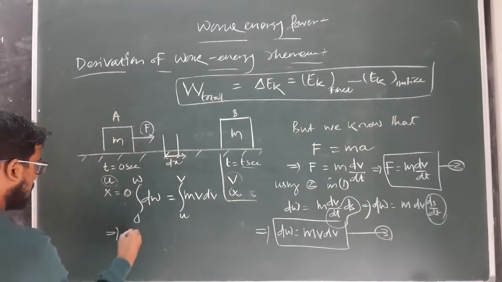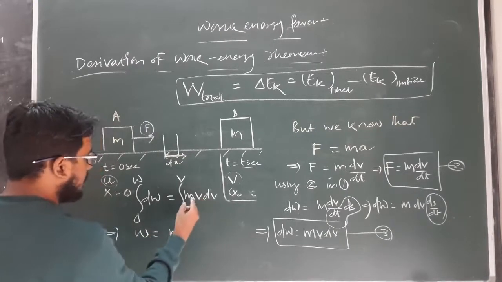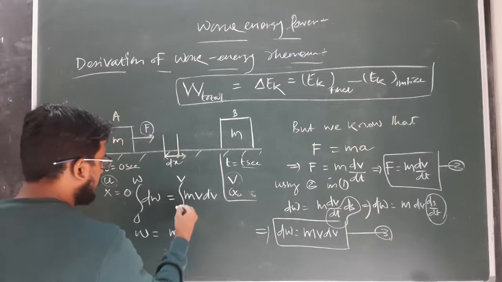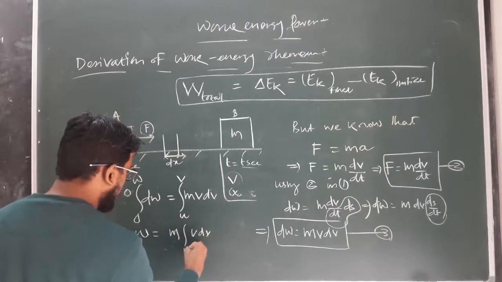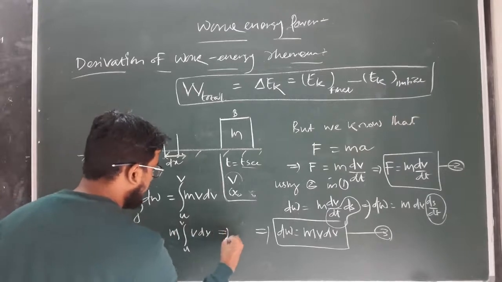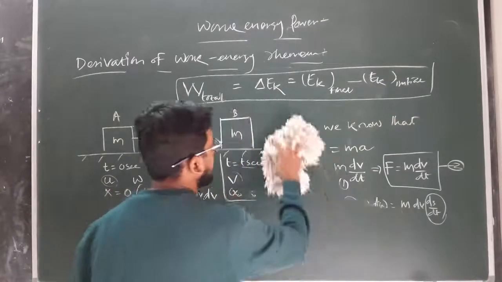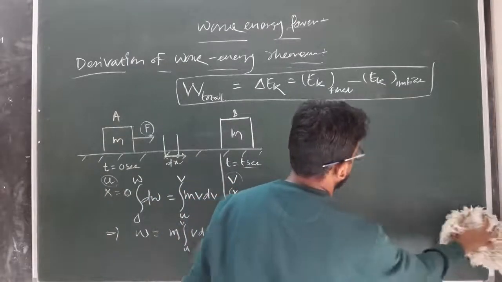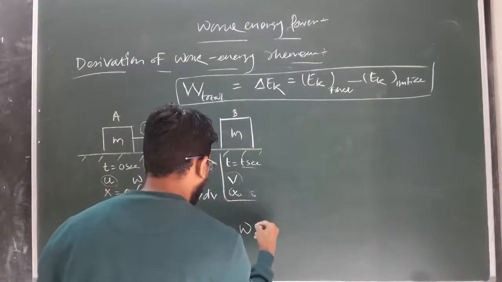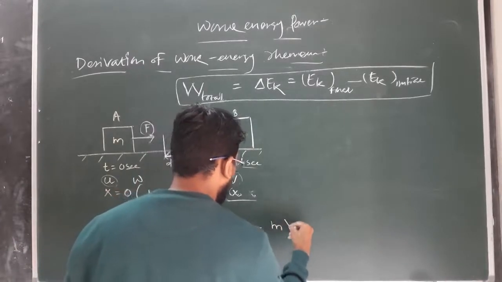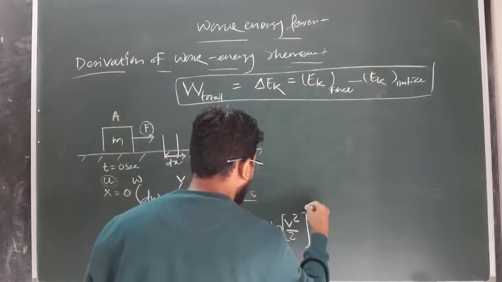So this implies you can write the total work done W equal to m times the integration; m is constant, so it comes out of the integral, and it will be v dv from u to v. So this implies we will get the total work done W equal to m v square by 2, with limits varying from u to v.